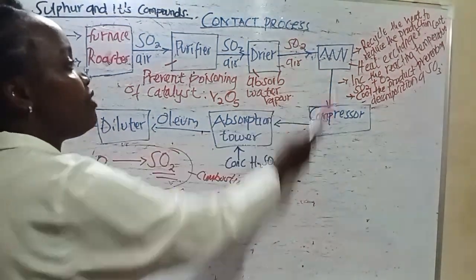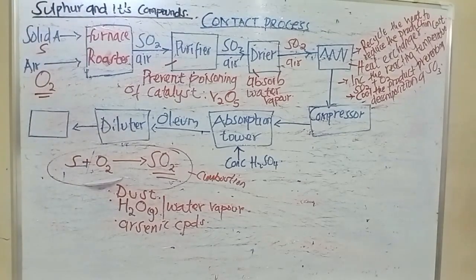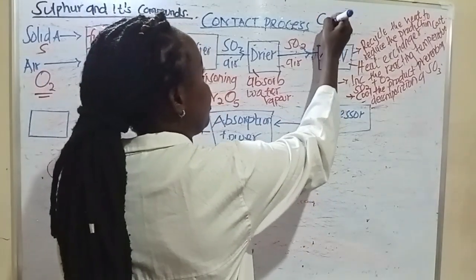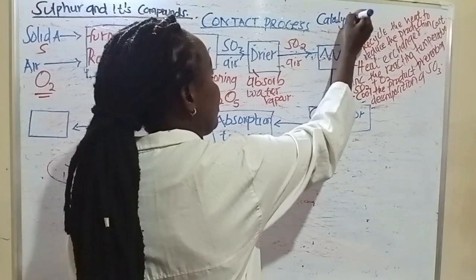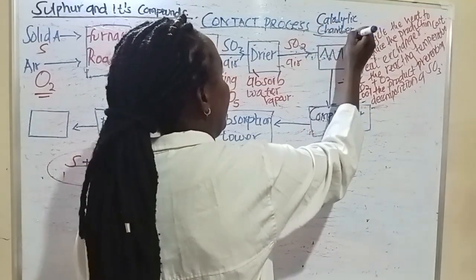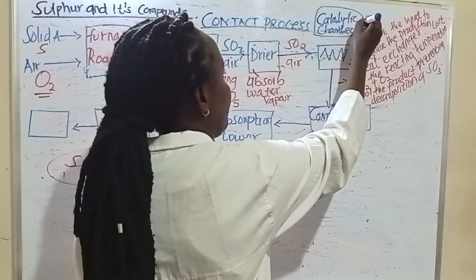Now, we have our sulfur 4 oxide that has been formed there. From our heat exchanger, we also have a catalytic chamber that is supposed to be up here. So we have a catalytic chamber there, okay?